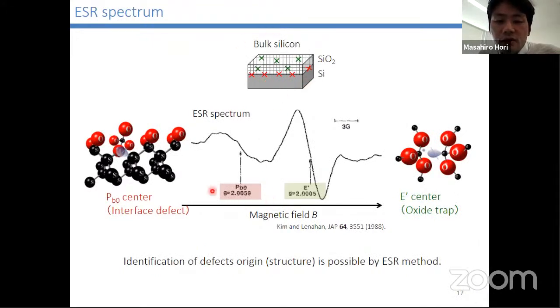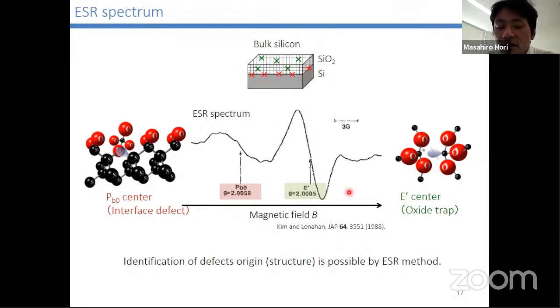The lower figure shows the ESR spectrum for a bulk silicon sample with a silicon dioxide film. The horizontal axis shows the magnetic field. As we can see, two clear peaks are observed in the spectrum. The left side peak is due to the interface defect called the Pb0 center, which is shown with red crosses in this figure.